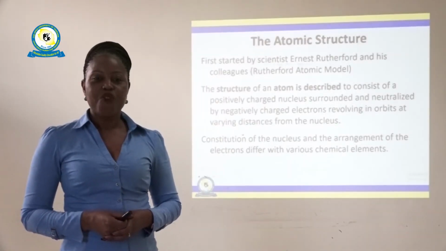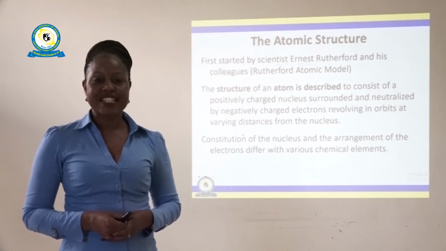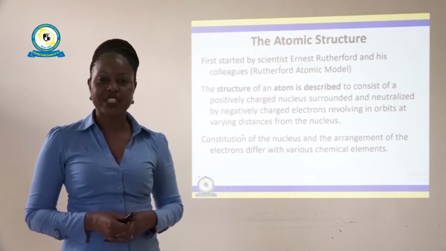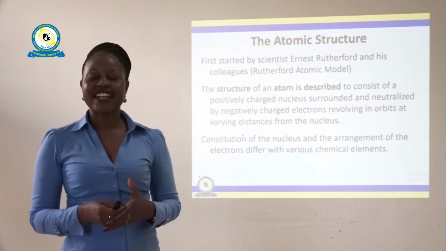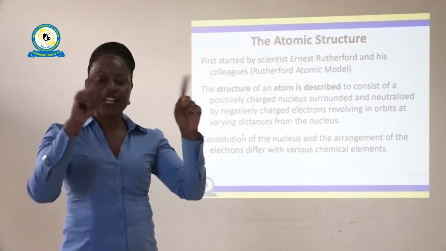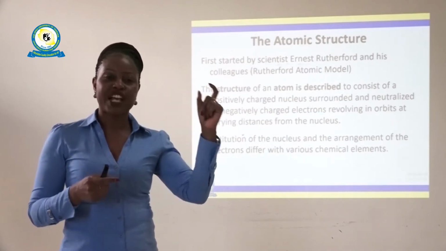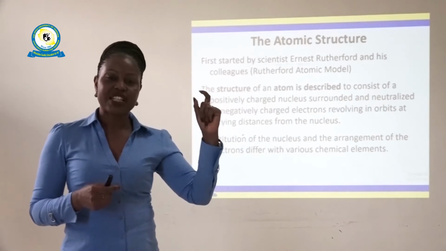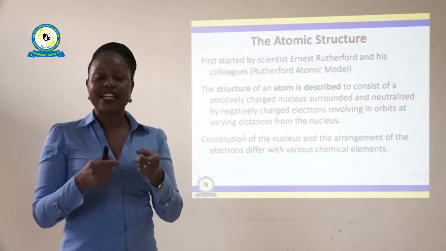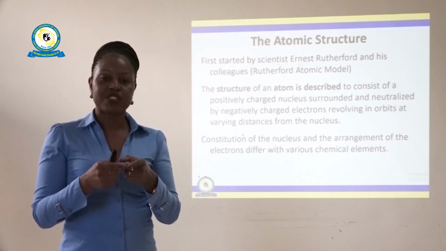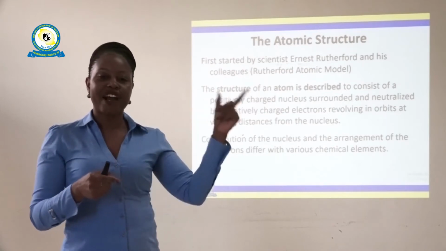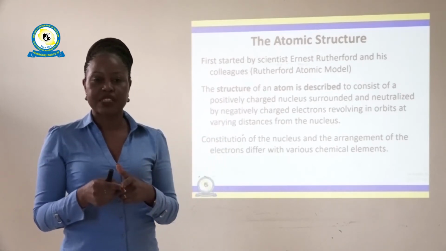The structure of an atom was first described by a scientist by the name of Ernest Rutherford and his colleagues, and they described this structure as consisting of a nucleus with positively charged particles and neutral particles surrounded by negatively charged particles known as electrons that are revolving in orbits at varying distance from the nucleus.